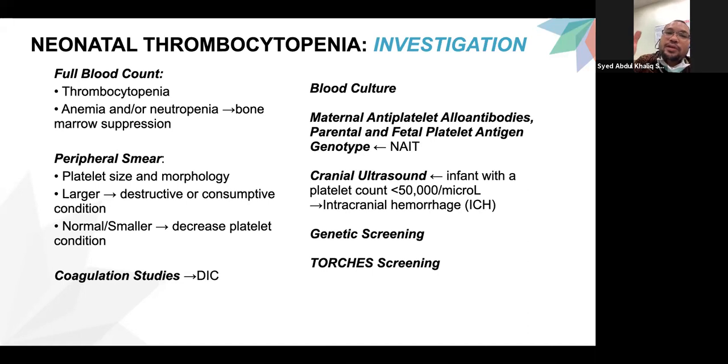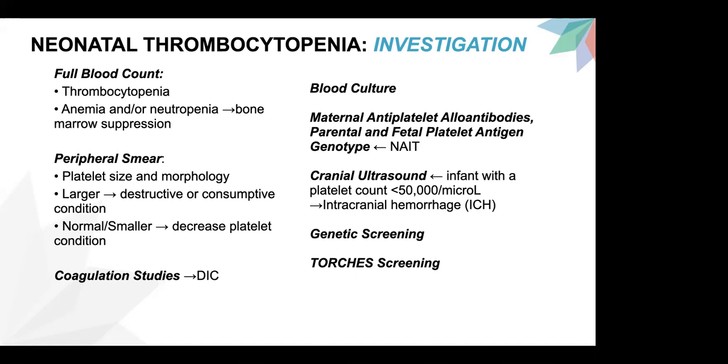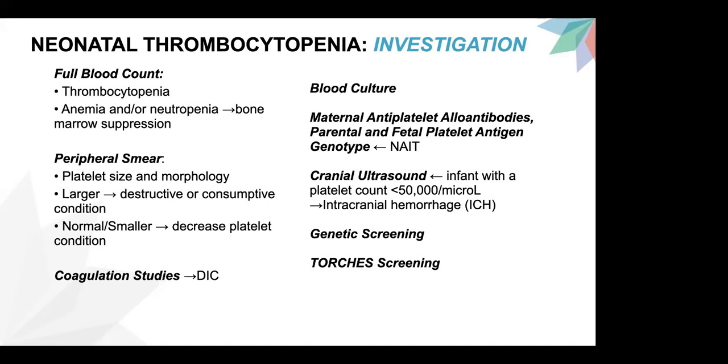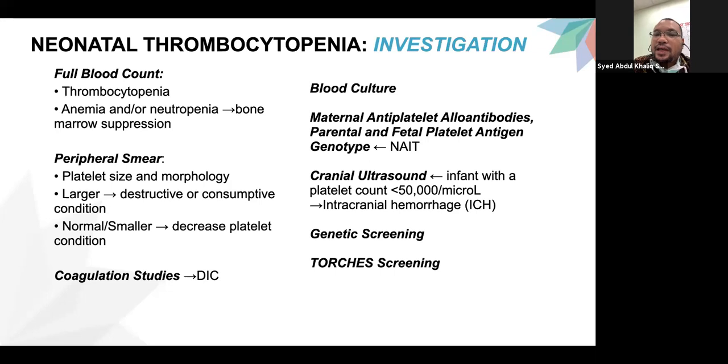But both NAIT and maternal ITP are basically maternal antibodies, kan? It's just that in maternal ITP, the antibody is against maternal platelet antigen, but in NAIT, it is against paternal platelet antigen.